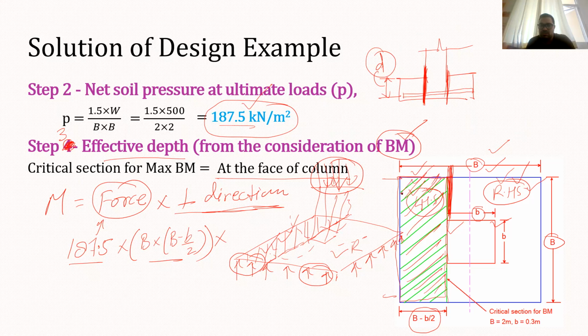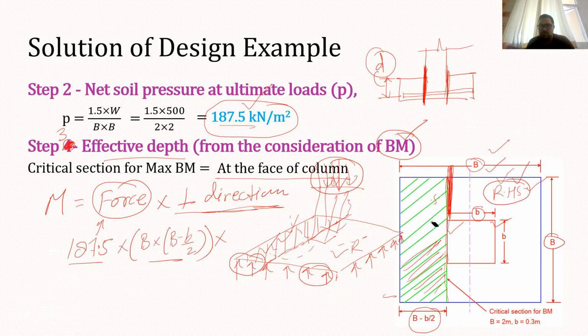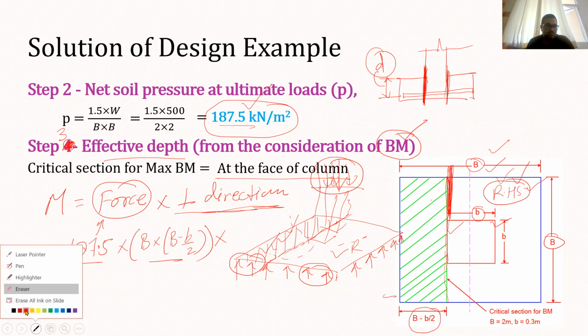I think I should erase some of the part here. So this is our area under consideration, and the force under this area will concentrate at the point where the diagonals meet. So this will be the point of concentration of the force. Total force will concentrate at this point.